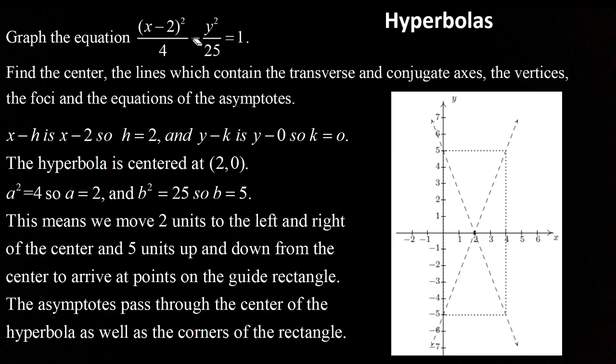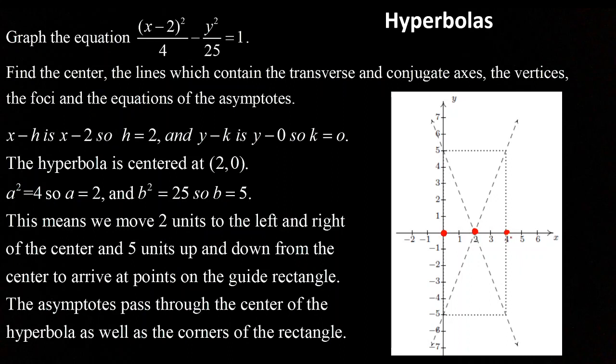Here we go. So we know this is horizontal, right? Now the center is at 2, 0. So 2, 0 right there. That's the center. Now, a is 2 because a squared is 4. So a is 2. That means we have to go 2 units to the right and 2 units to the left.